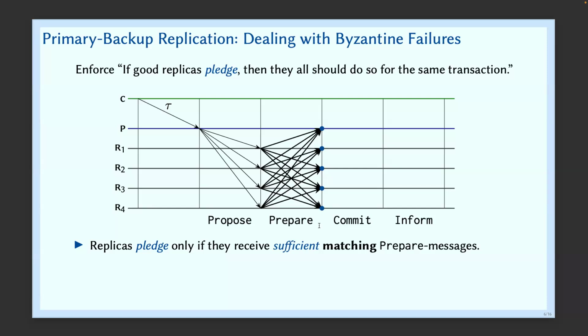It's a certificate. So basically, once you have a quorum formed, that means you know at this stage that the primary didn't lie. But if you stop here, you may be the only one who knew about it. The rest don't know.